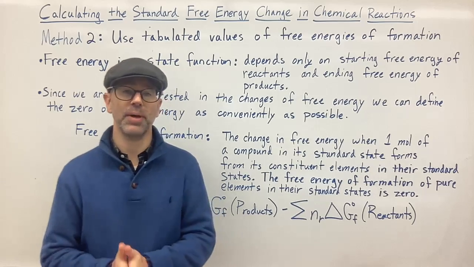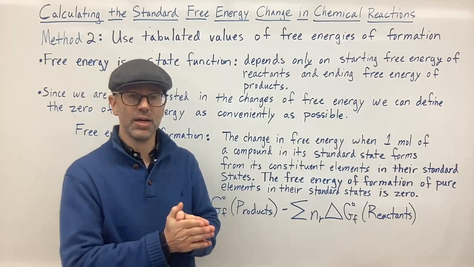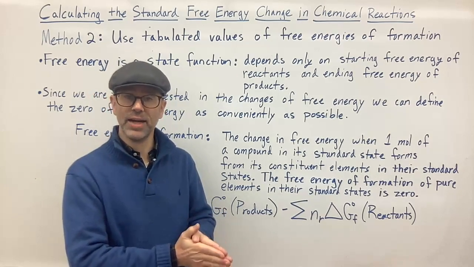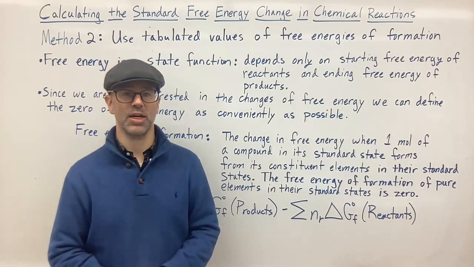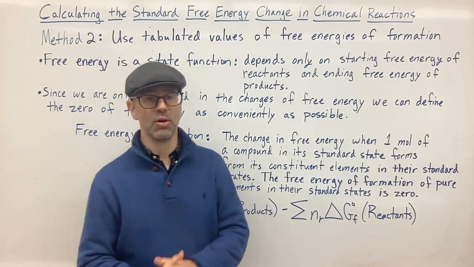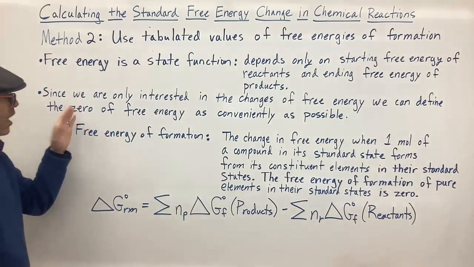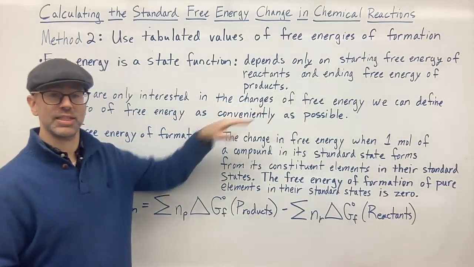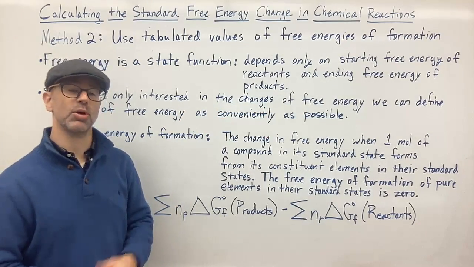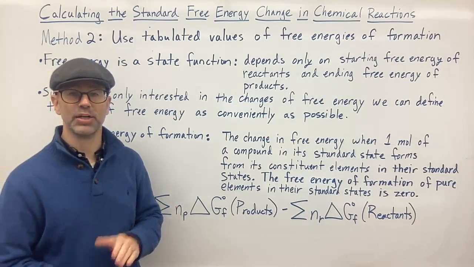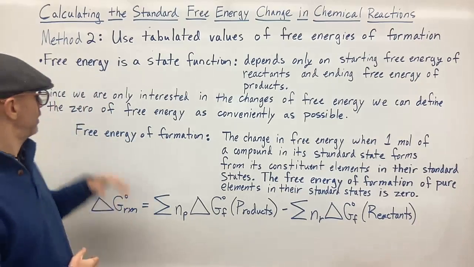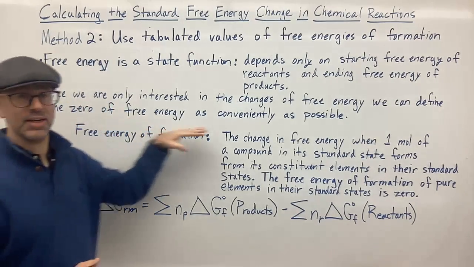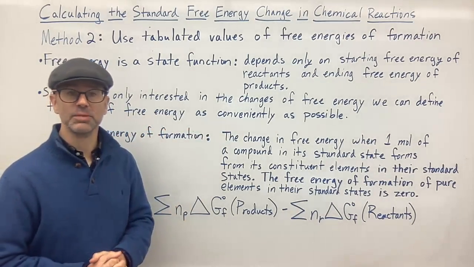So this is only going to depend on the starting free energy of your reactants and the ending free energy of your products. Since we are only interested in the changes of free energy, not in absolute values, we can define the zero of free energy as conveniently as possible.